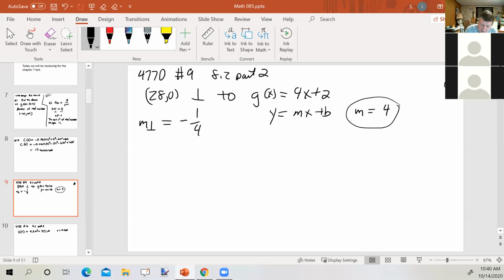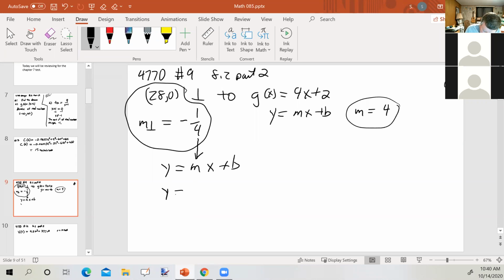All right, so now I'm going to use this information, the new slope and that point. If y equals mx plus b, and the slope is negative 1/4, I have y equals negative 1/4 x plus b. Now, I want to insert the point (28, 0).